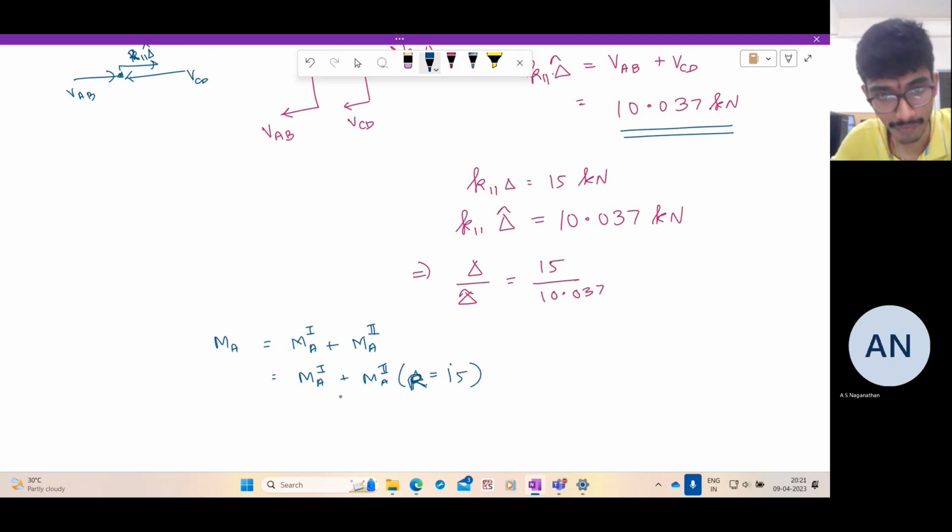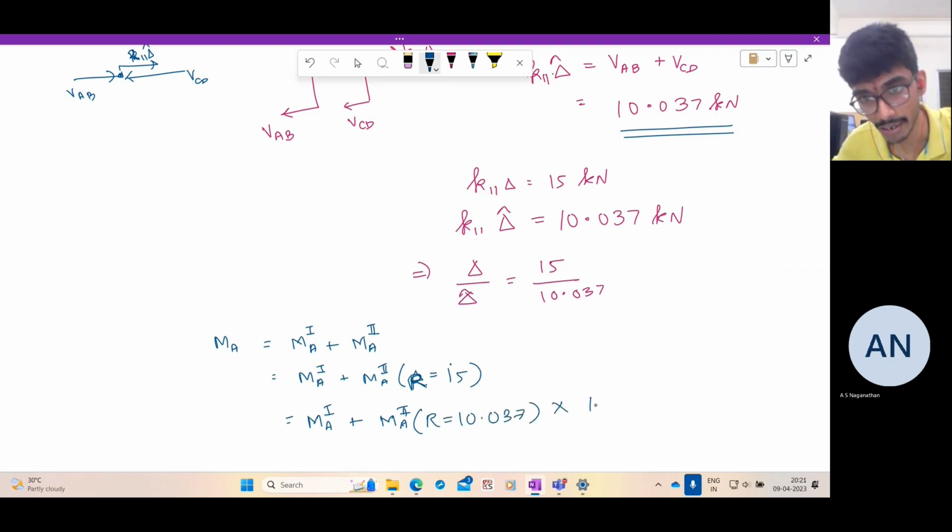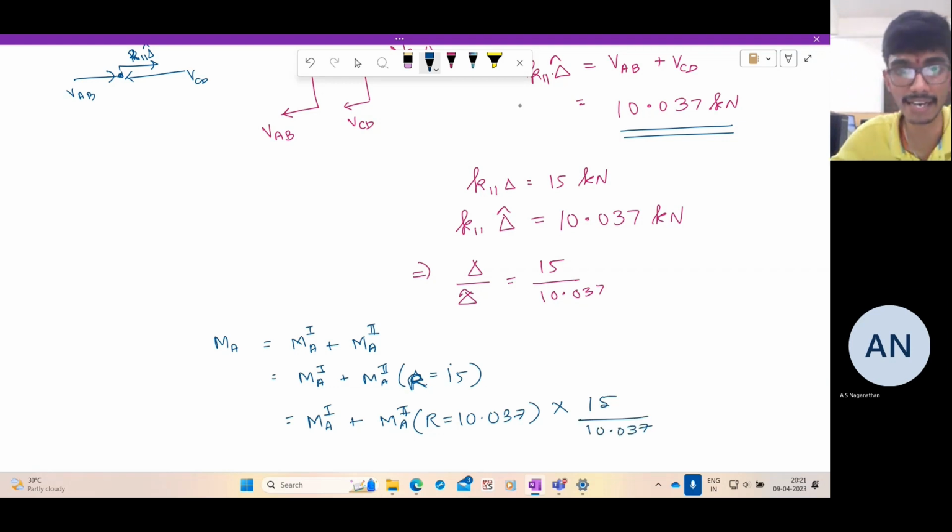Since it is a linear elastic problem, it is nothing but MA in problem 1 plus MA in problem 2 if we find it for R equal to 10.037, multiplied by 15 by 10.037. That is what it means. Because the reaction scales linearly with the delta, instead of delta cap, if I apply delta, we get this.